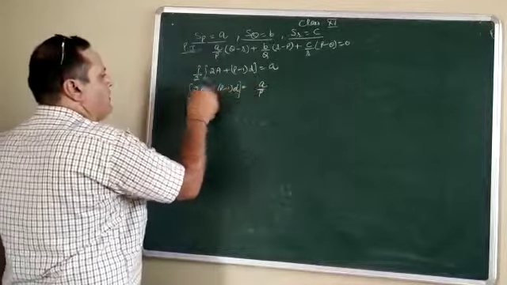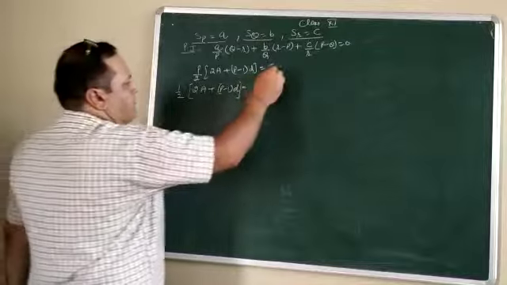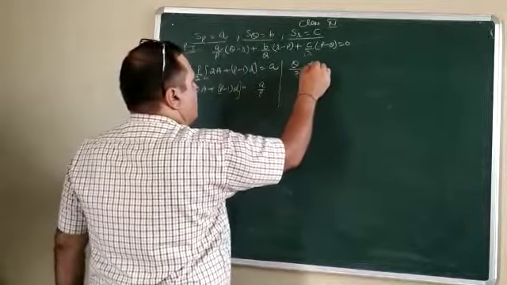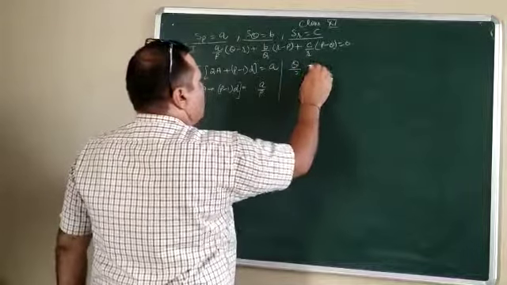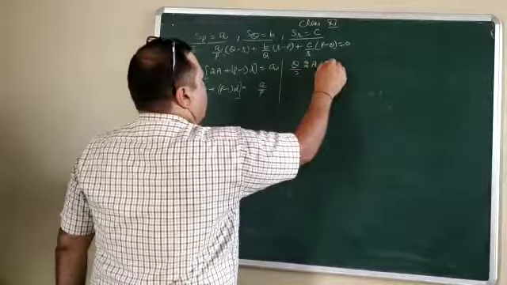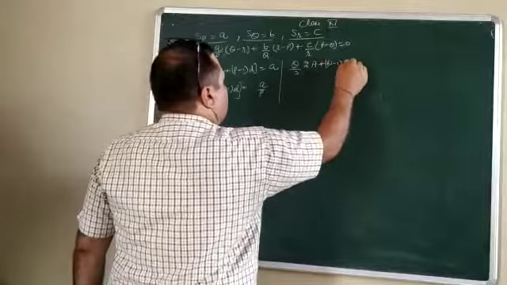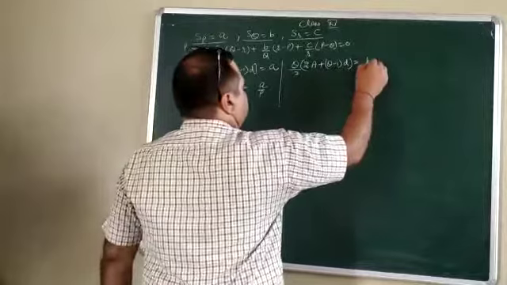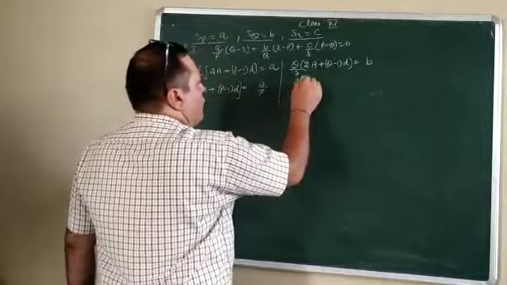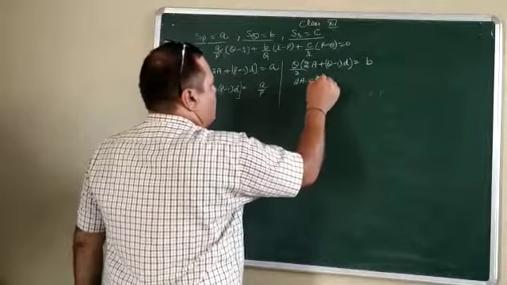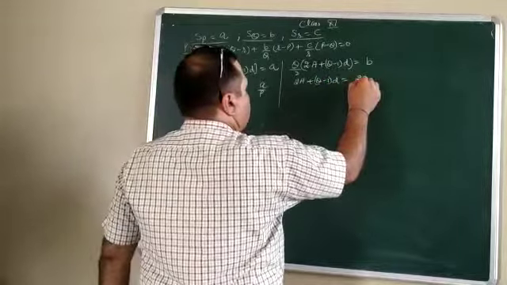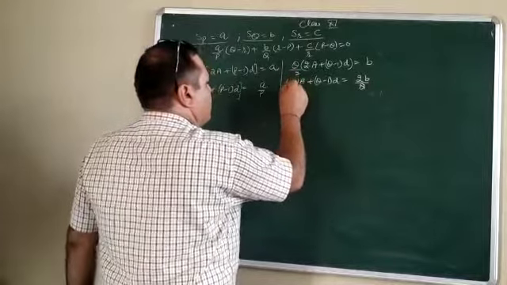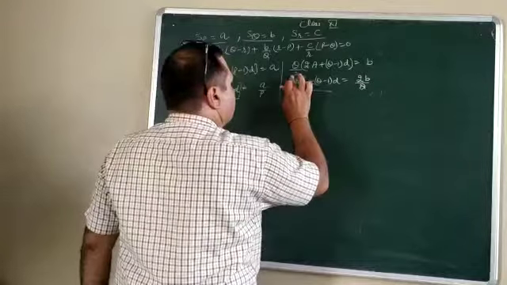Similarly, S_q is q by 2 into 2a plus q minus 1 into d, which is equal to b. So 2a plus q minus 1 into d is equal to 2b upon q.